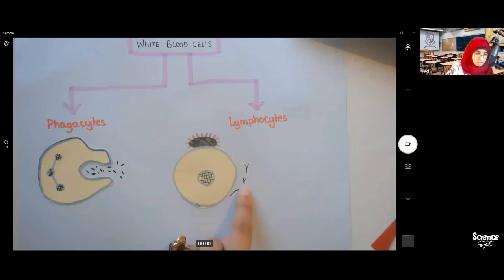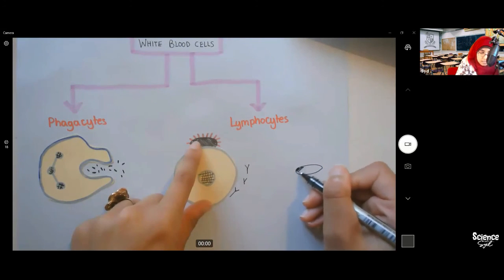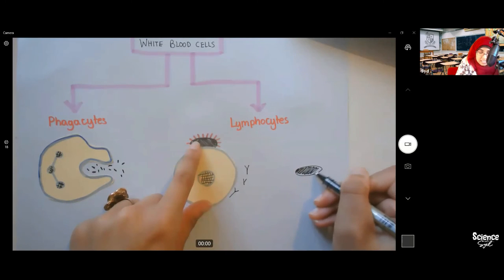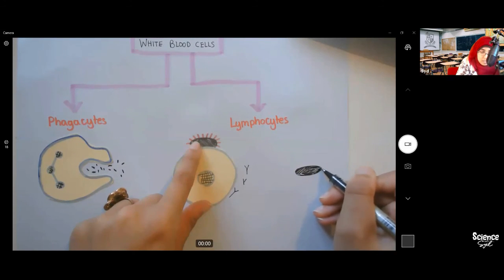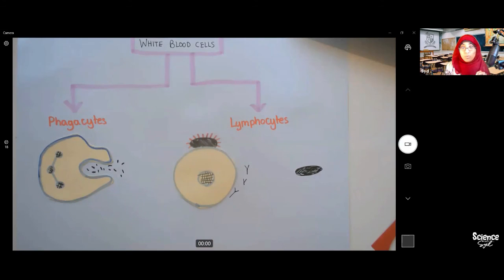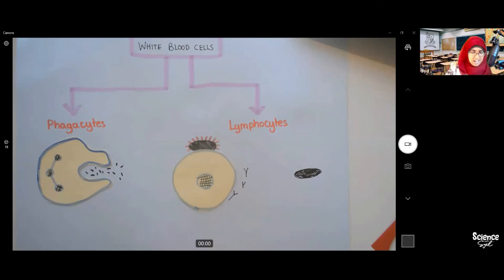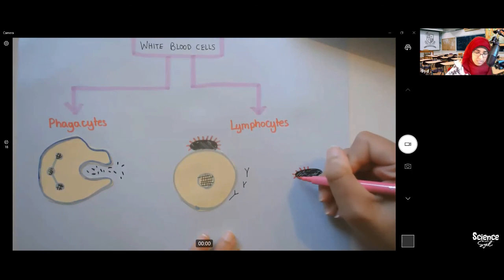So in the future, if this thing enters your body again, and remember I said each of these microorganisms has a very unique molecule structure, it will know. These white blood cells will go, hang on a second, I recognize that. I've seen that before.